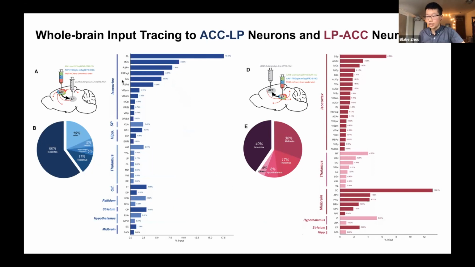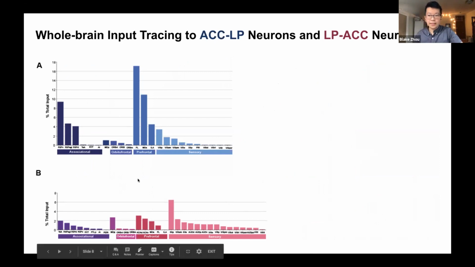Associational areas also contribute a large proportion of inputs. So notably the retrosplenial area, which we heard about earlier, RSP for short. Looking at the LP to ACC side, the distribution is quite different. We see that while the cortical input is split between multiple sensory modalities, subcortical input is dominated by the superior colliculus.